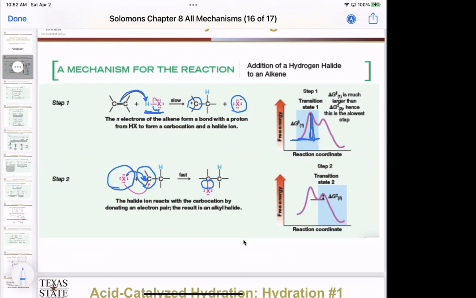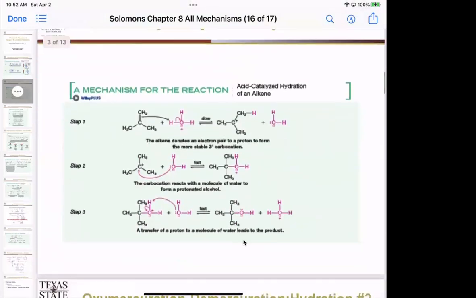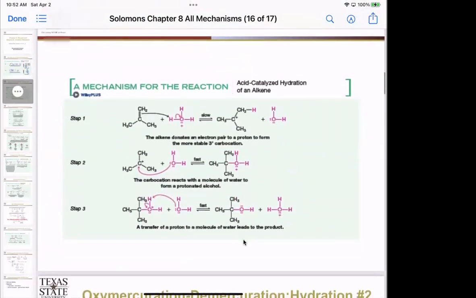That's our second step on our energy diagram. So we generate a carbocation, and then that carbocation is very reactive and reacts with our halogen, which is our new nucleophile.